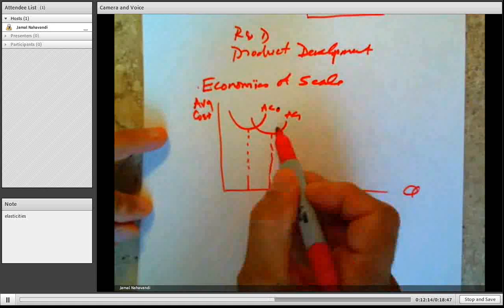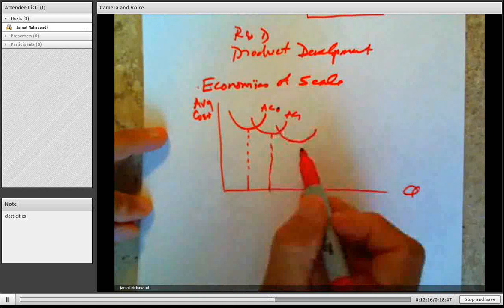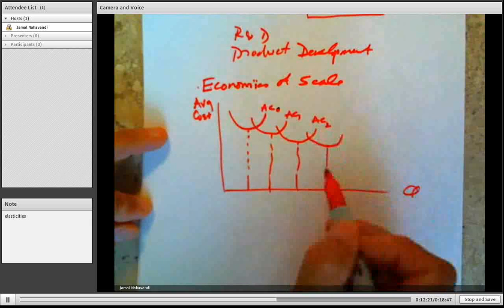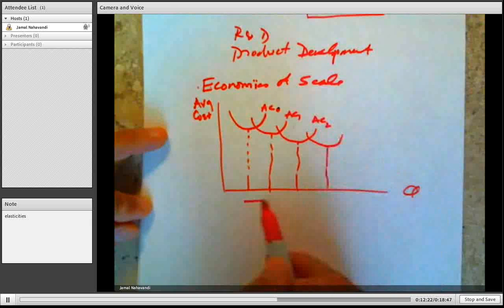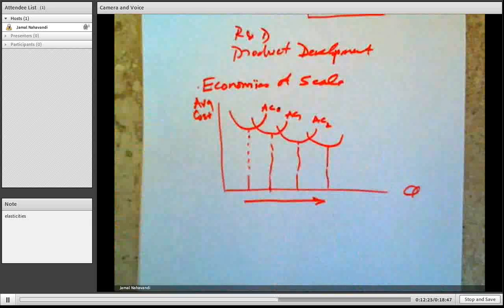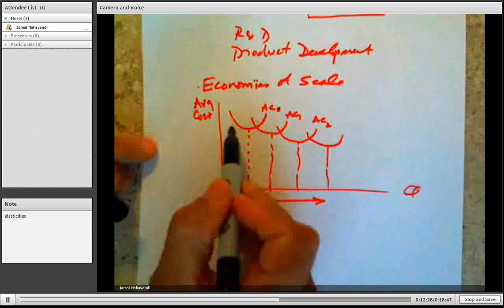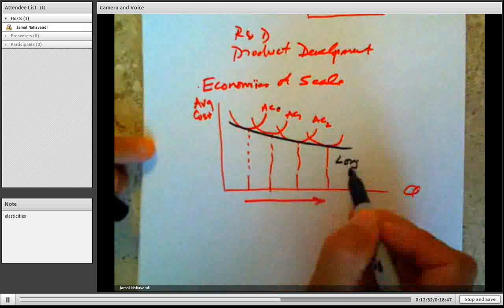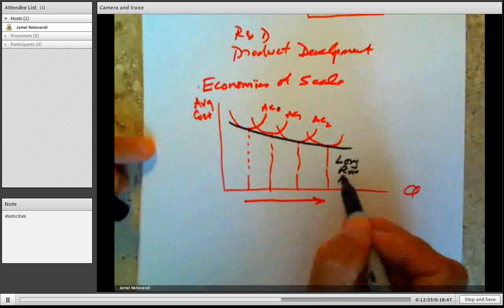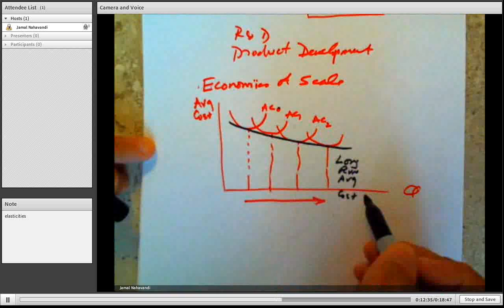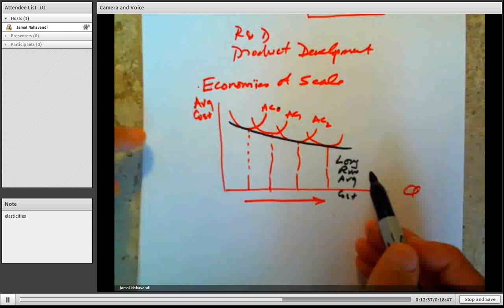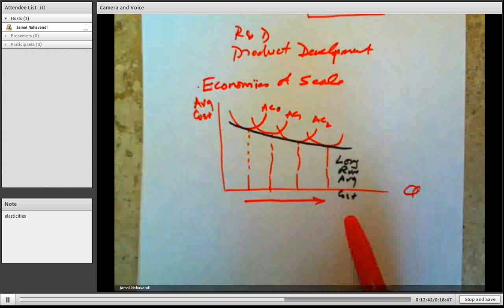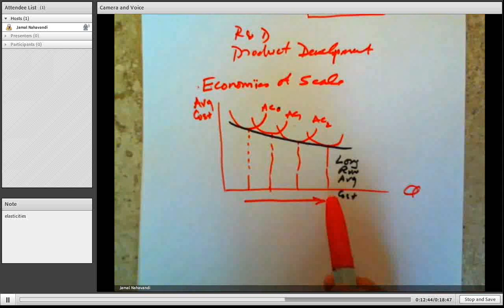And this process can continue as long as the firm continues to expand, and that produces a declining long run average cost. If that's the case, then there is some support in favor of allowing large firms to emerge, which will bring their long run average cost down.